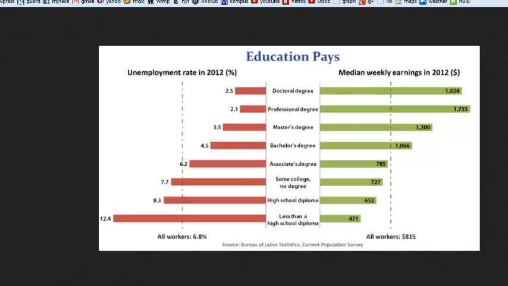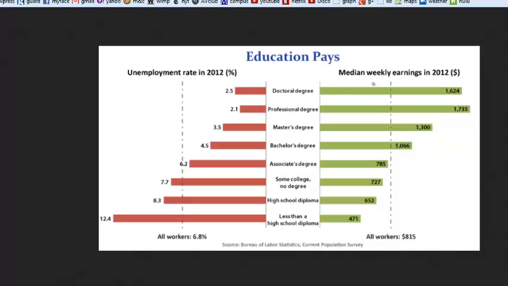And what is this? This is a list of what kind of degree you have and how likely you are to be unemployed in 2012. People who dropped out of high school had 12% unemployment. People who had an undergraduate degree were only 4.5% unemployment. The average was 6.8%. So, yay! And the median weekly earnings. This is nice.